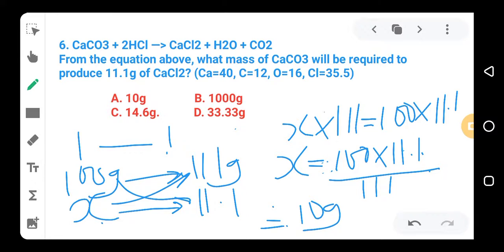So the correct answer is 10 gram, which is A.